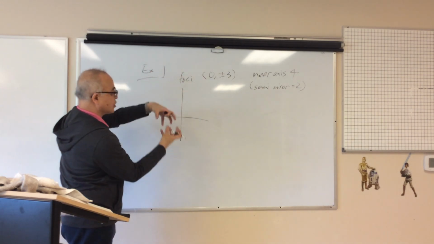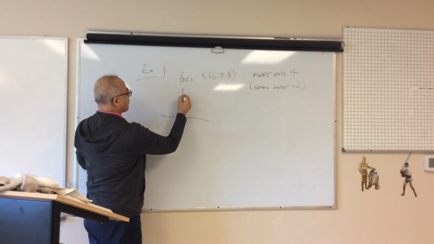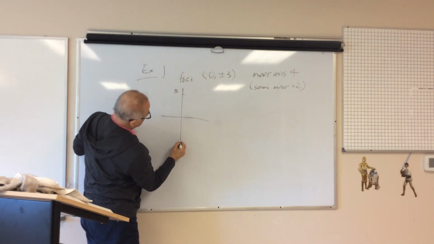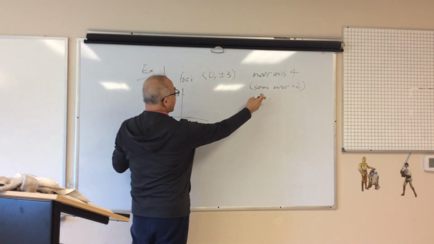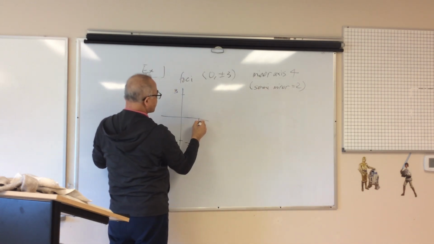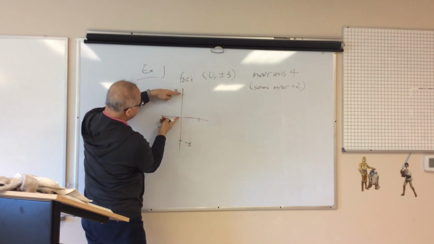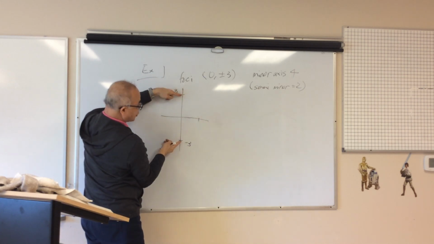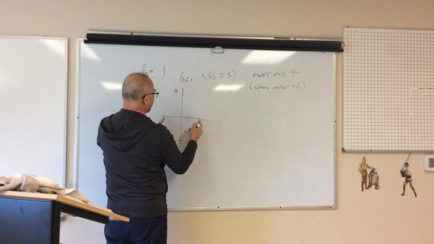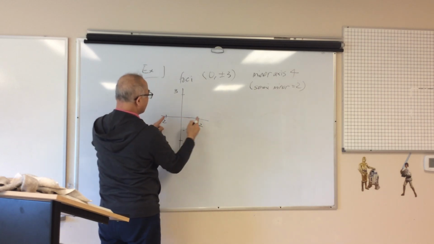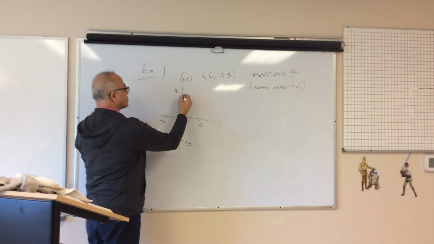So it's going to look like this. I have 3, I have -3, and then I have the 2. This is the semi-major, this is the major, and this is the semi-minor, which is 2, which makes the minor 4 altogether.